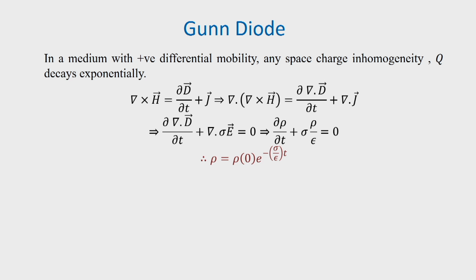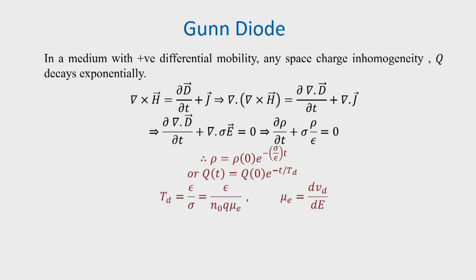Now, a solution to this equation can be written as rho equal to rho at t equal to 0 times e to the power minus sigma by epsilon t. In terms of charge q, we can write q of t equal to q at t equal to 0 times e to the power minus t by Td.